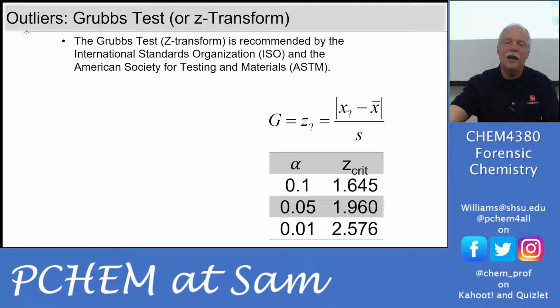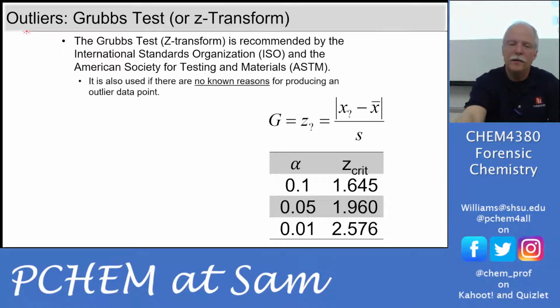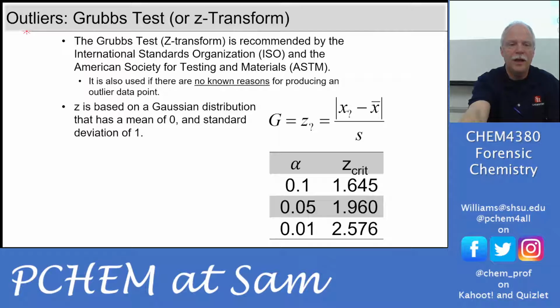Okay, so that might put in favor with 10 data points the Q test, the Dixon's Q test, a little higher than this. But so here it is. It's also used if there's no known reasons for producing an outlier data point. It's based on a Gaussian distribution that has a mean of 0 and a standard deviation of 1.